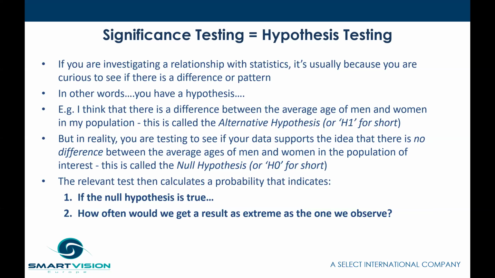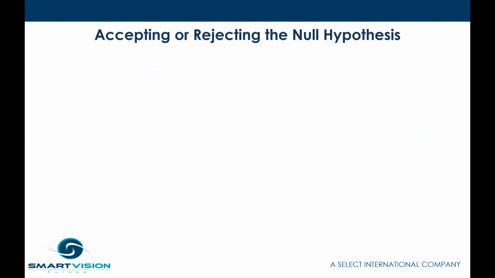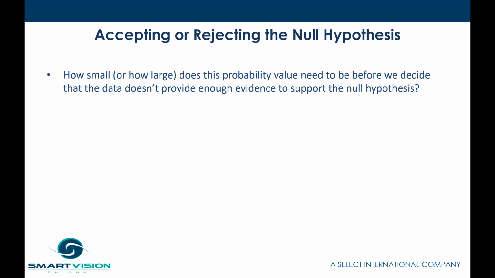If the null hypothesis is true, how often would we get a result as extreme as the one we observe? Bearing in mind that the result might be not that extreme, it might be only a difference of 1 or something like that, or 0.5. Might be a pretty small difference, or pretty weak relationship. So that means we're focused on the null hypothesis, and we're focused on whether or not our evidence supports it.